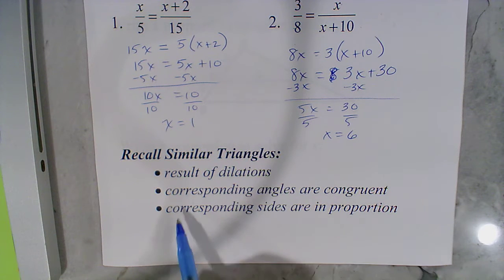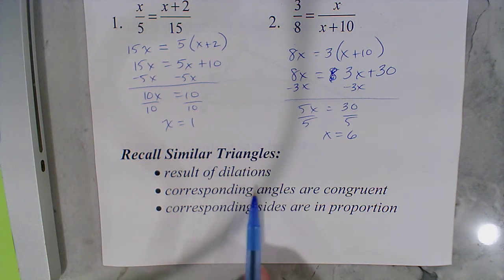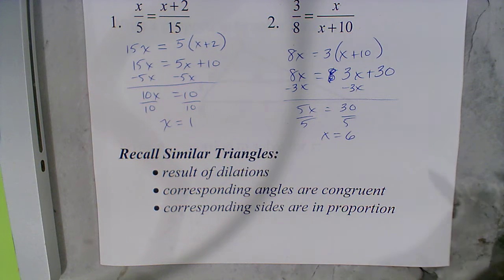The key to this is when you have similar triangles, the corresponding angles will be congruent. The triangles are just bigger or smaller versions of each other usually, but the angle measures of the corresponding angles are still equal. They match up exactly.